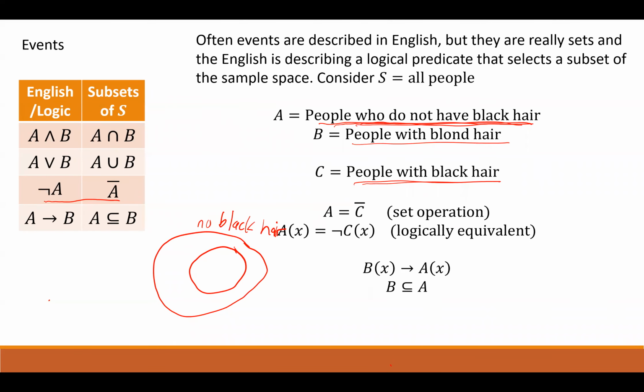They're not all of it, because I could have brown hair outside of that, maybe blue or green. But if B is a subset of A, then being a part of this set implies that I'm also a part of this larger set.